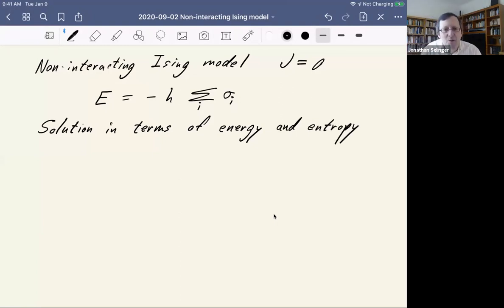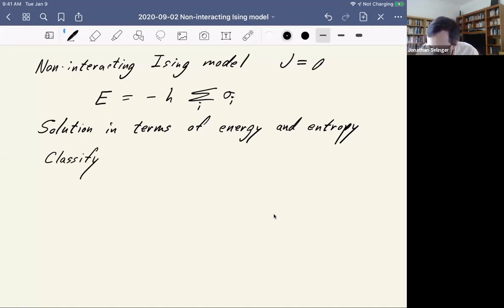You can just take my word for that. Okay, so for this solution, I want to go back to the kind of consideration that I showed you in the last class about grouping together of states, classifying microstates into macrostates. Okay, and so here I want to do this kind of a classification.